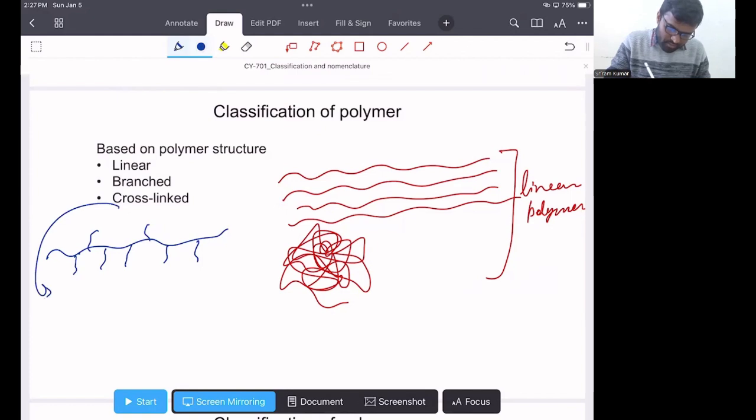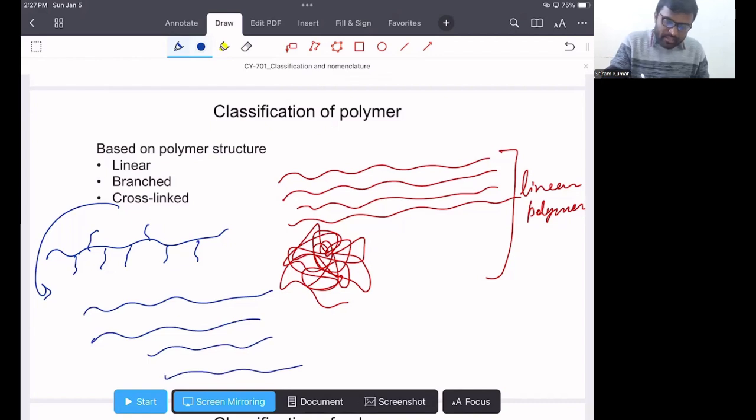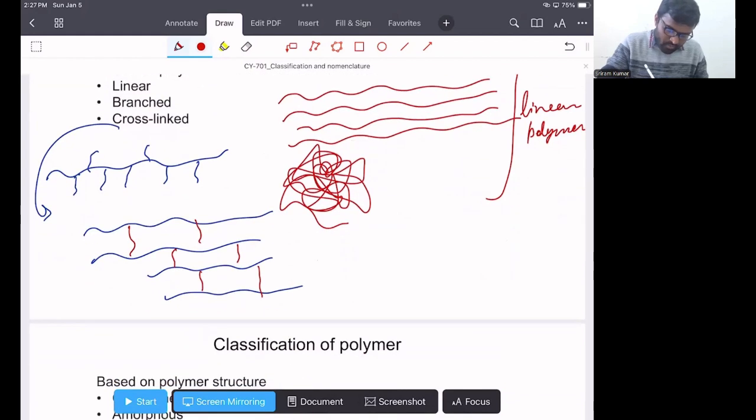And cross linked polymers means you have this polymer and you have such kind of branch, so there is a cross link there, right? So this is the example of cross linked polymers.